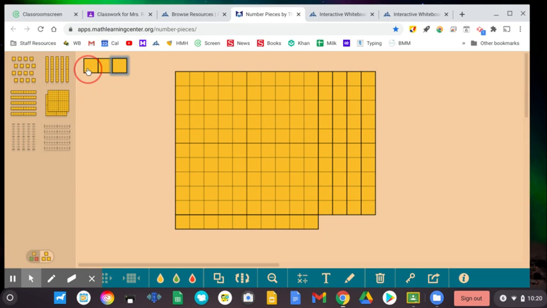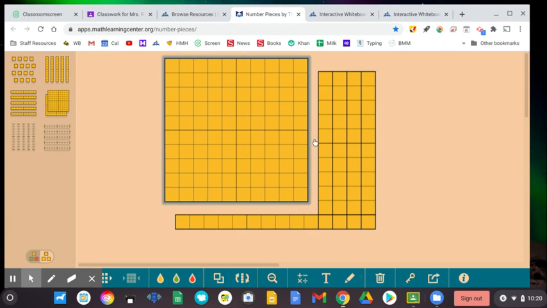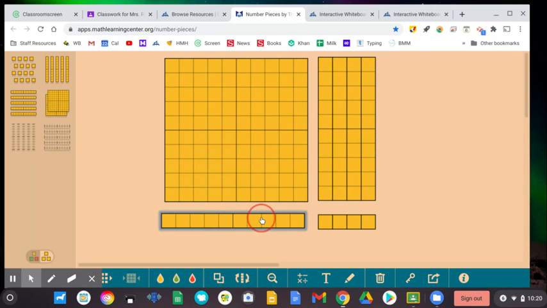Let's see if that's enough. Oh, looks like we need one more besides this one. There we go. I'm going to slide this up. I'm going to slide these up. And I'm going to slide this one over. And that can help us see this a little better.